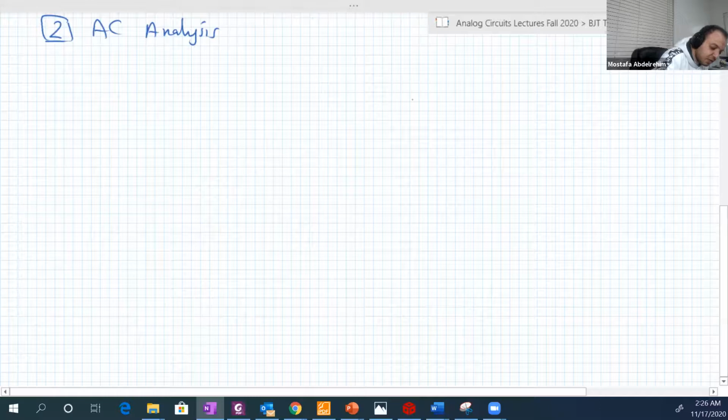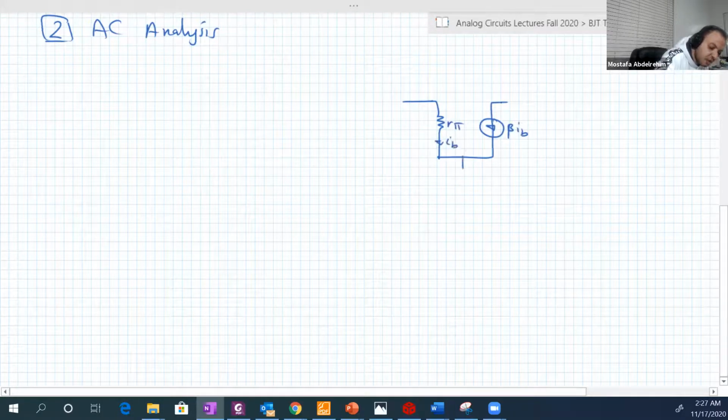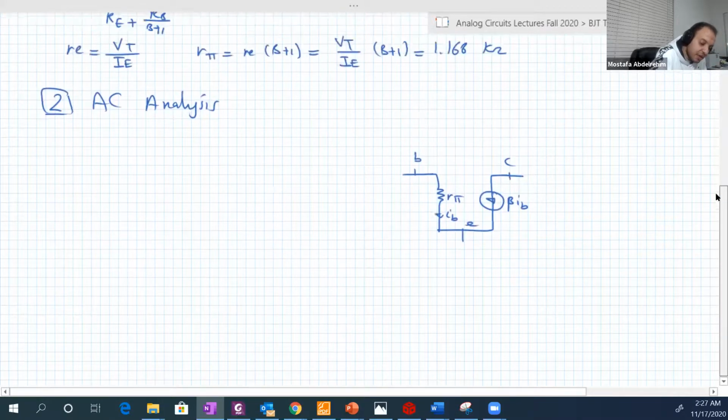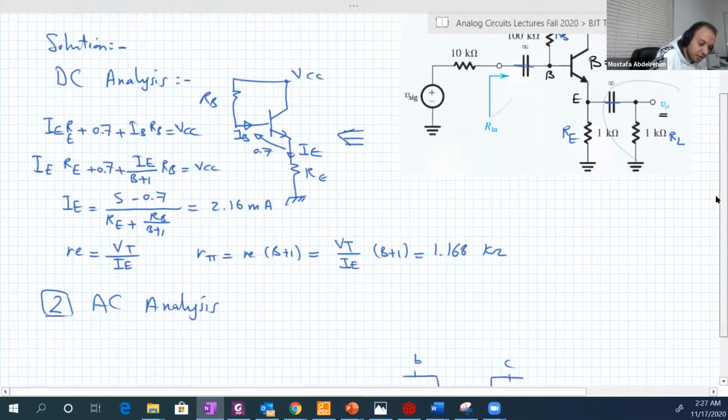First start with the AC model of the transistor. So beta IB, here is r-pi, here is IB, collector, base, emitter. So the collector is directly connected to the ground.